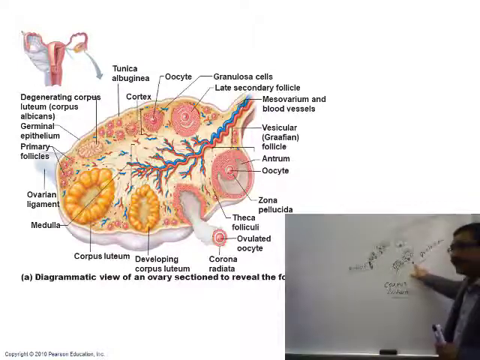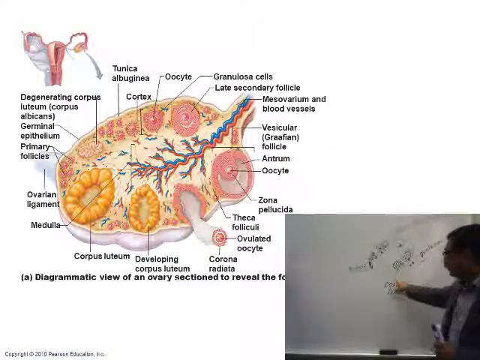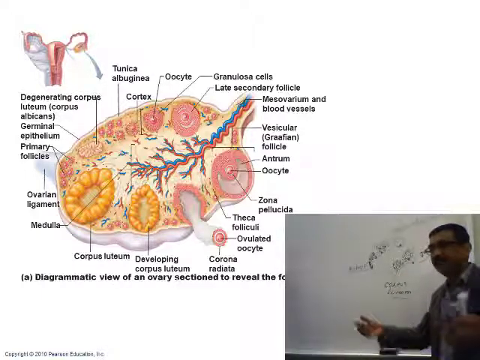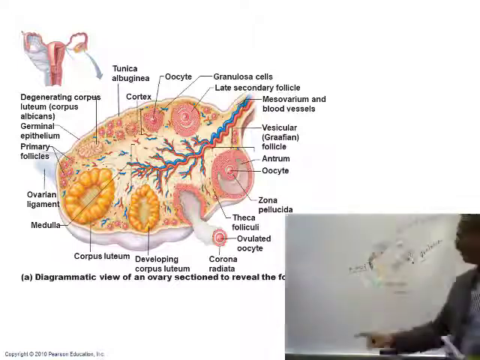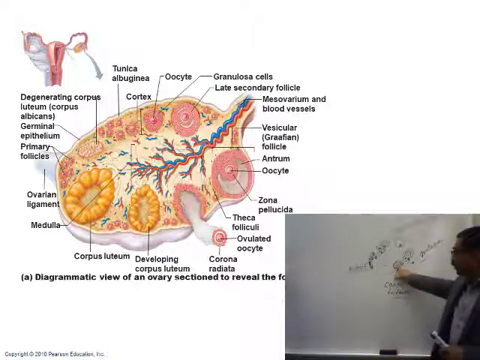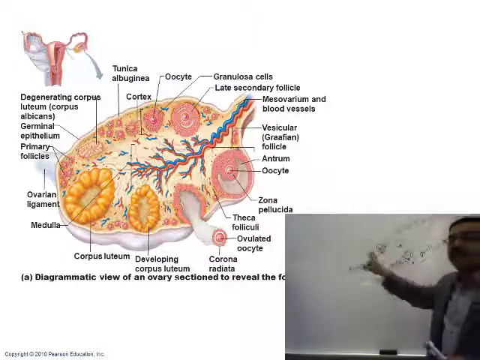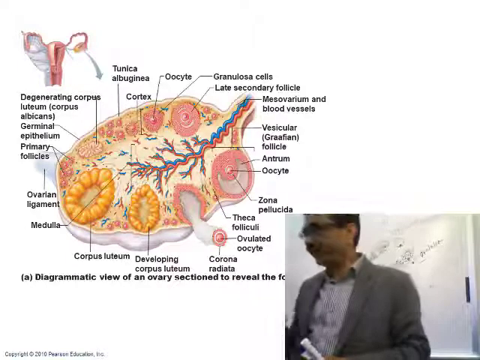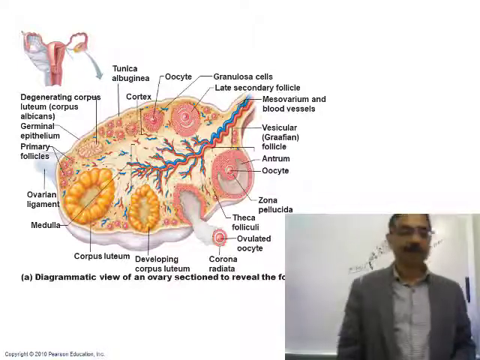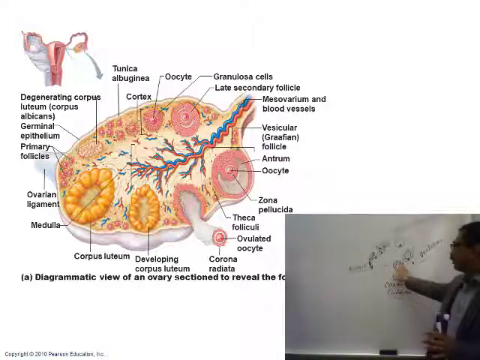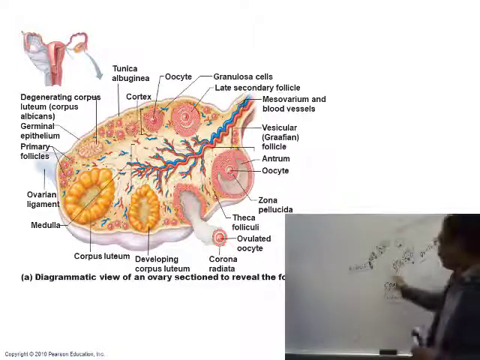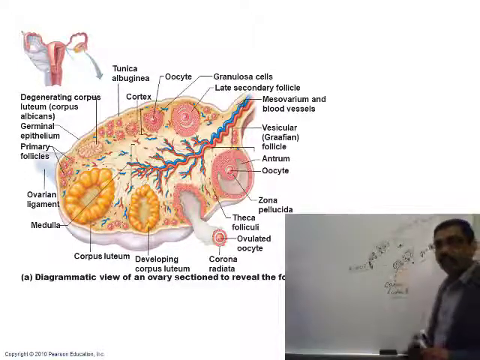But if this egg is fertilized by a sperm, then pregnancy starts, right? In that case, this temporary gland, corpus luteum, will decide to stay for about 3 months, much longer. Whatever the situation is, it will stay either 14 days or 3 months. So it is a temporary gland.